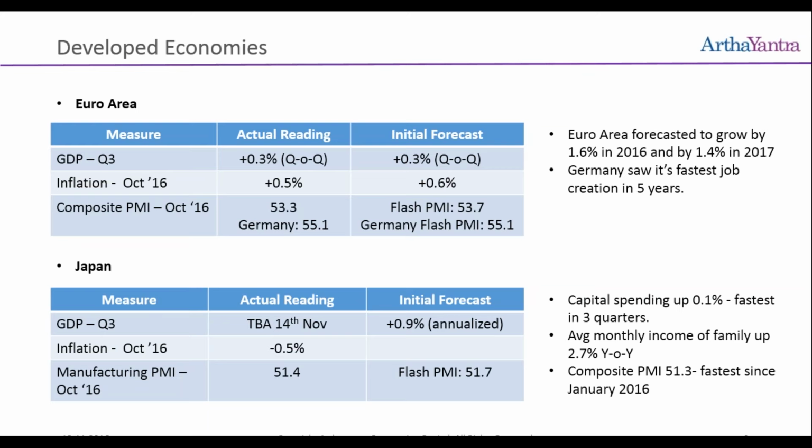Japan saw the fastest job addition in 9 months. Manufacturing alone saw its highest job addition in almost 30 months. And manufacturing is expanding at a pretty good rate, which is the fastest it has seen since December 2015.